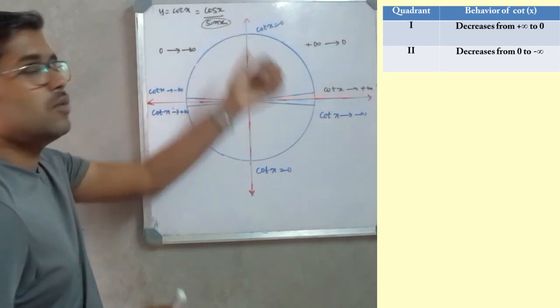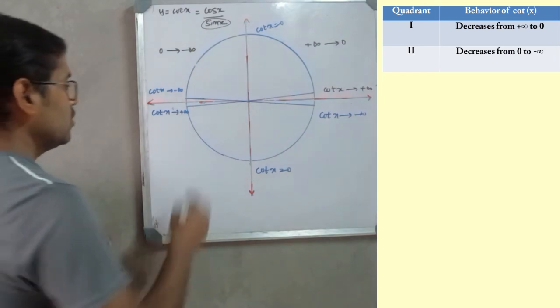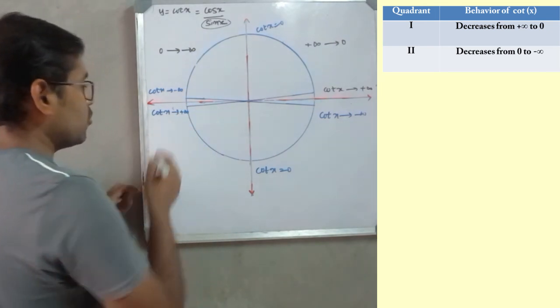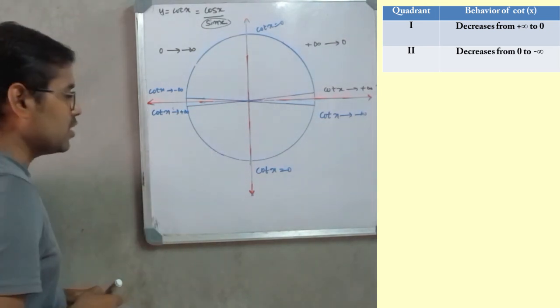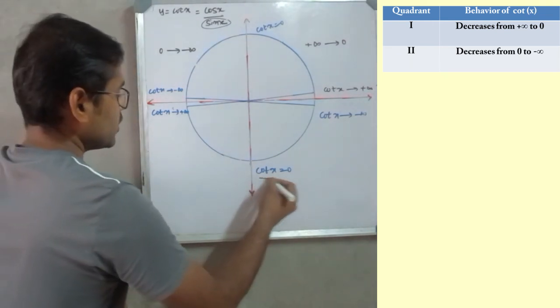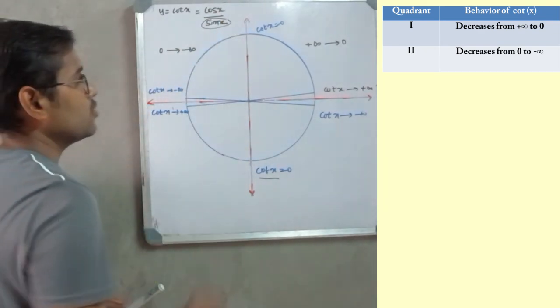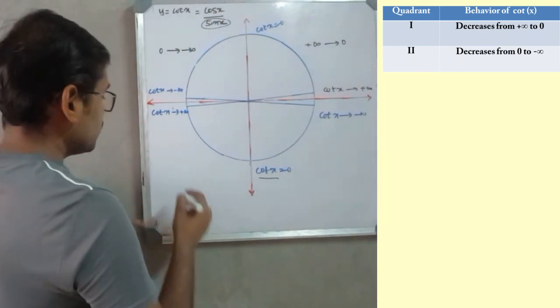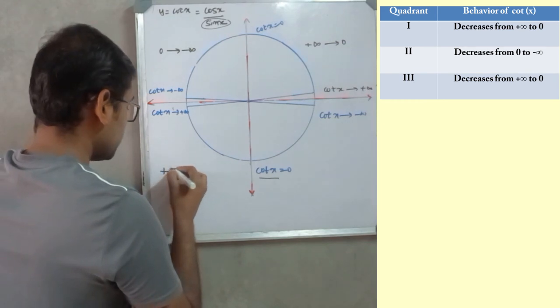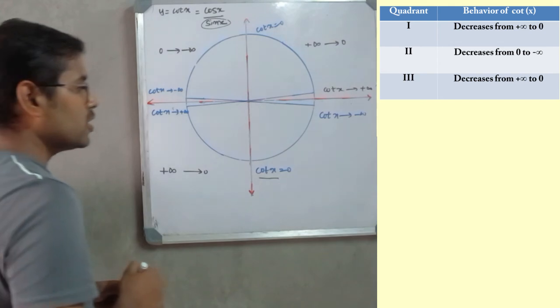So here near this point the value of cot x approaches positive infinity, and at x is equal to 3 pi by 2 the value of cot x is 0. Why? Cos 3 pi by 2 is 0 and sin 3 pi by 2 is minus 1. So in the third quadrant the behavior is it decreases from positive infinity to 0.